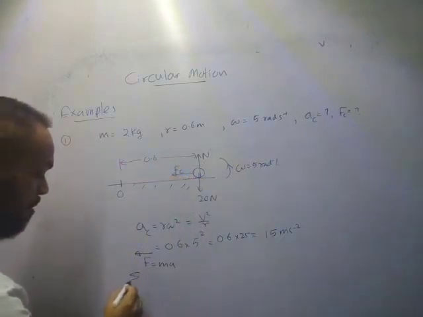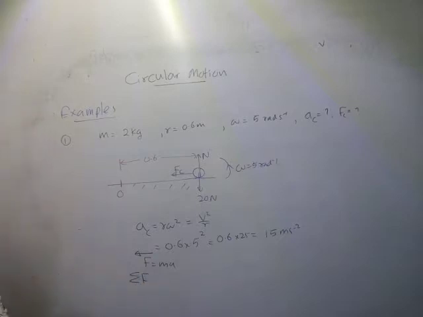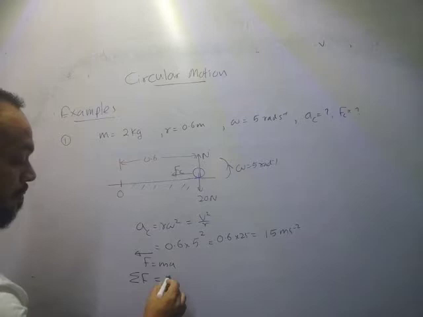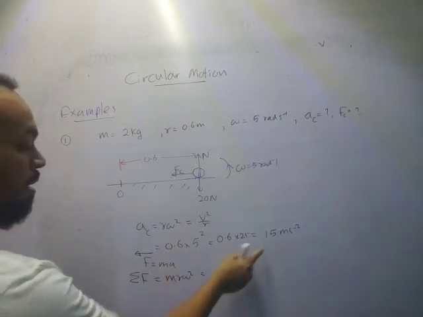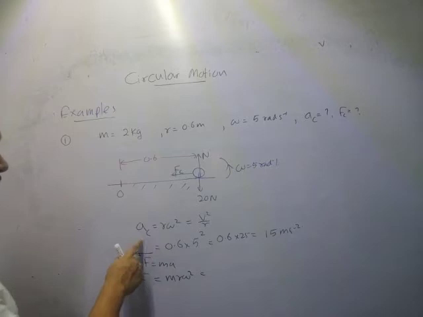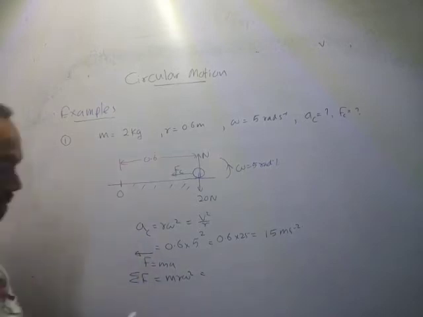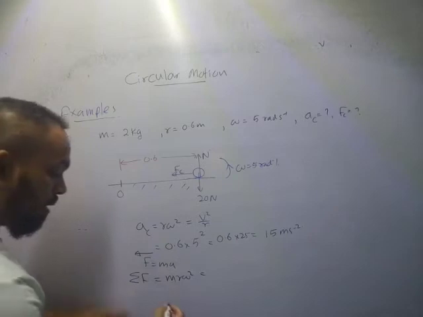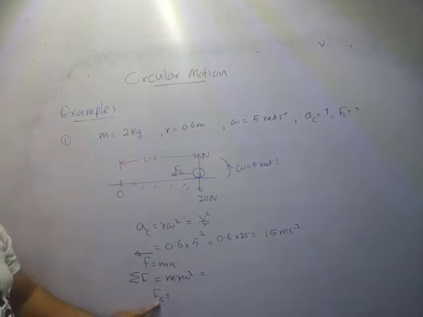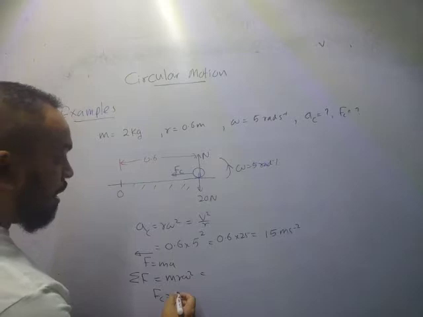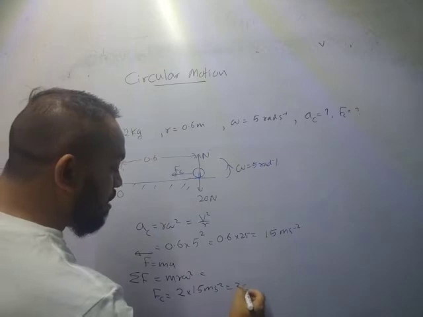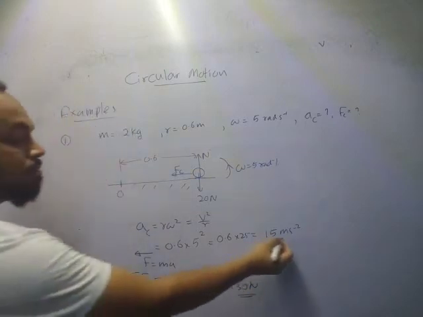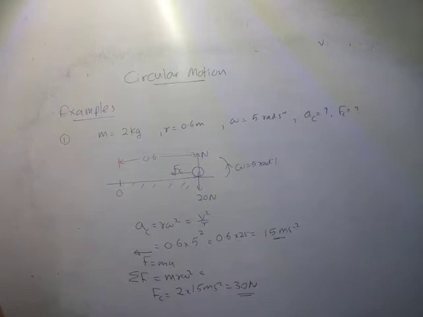To represent that, I'm going to use this formula, sigma F equals m times r omega squared. We have already calculated AC here, so we don't need to do this again. So in this case, Fc, centripetal force, equals m, which is 2, into 15 meters per second squared. That gives us 30 Newton. Right. It's very simple. Let's look at another one.